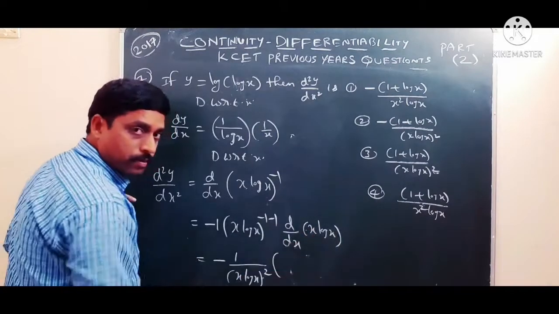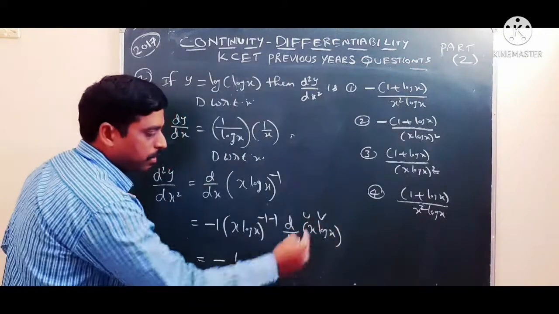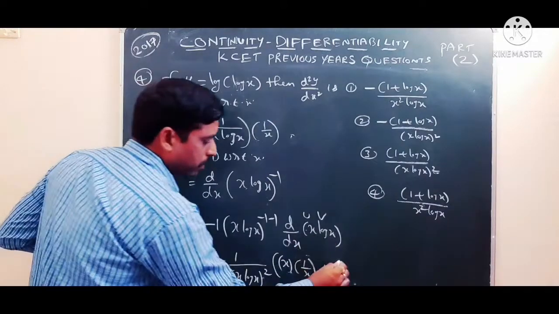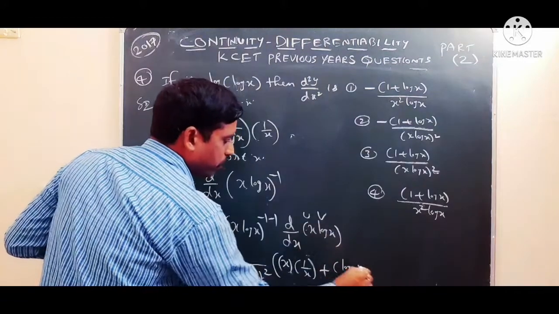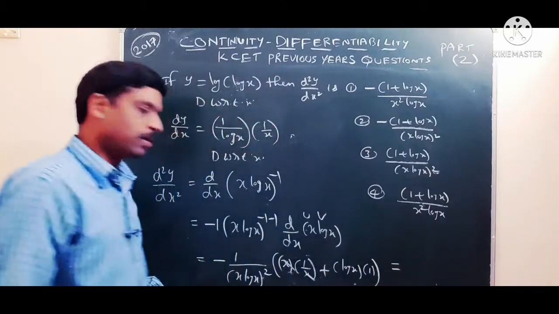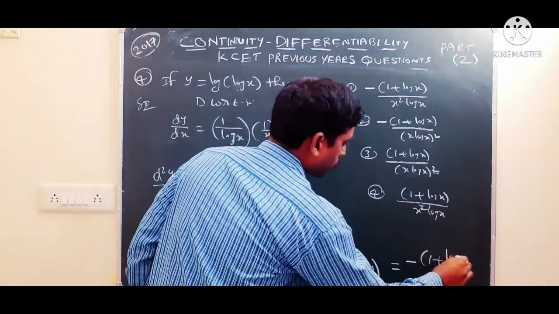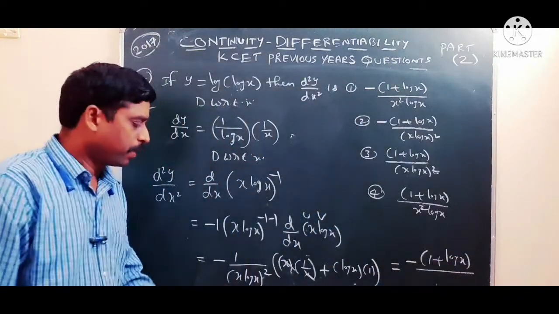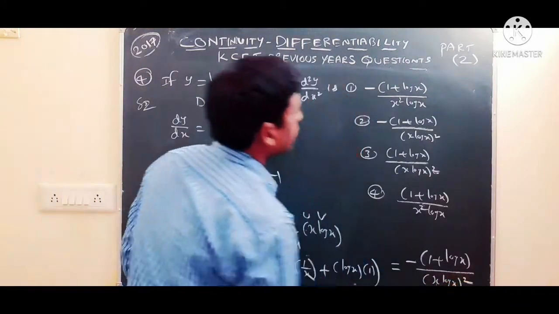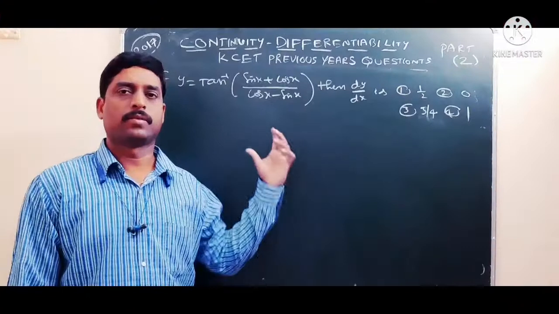By using the uv formula, x into derivative of log x, which is 1 by x, plus log x into derivative of x, which is 1. So what we got is minus of 1 plus log x, the whole divided by x log x whole square. Which option is correct? The second option is correct. So let us go to the next problem.